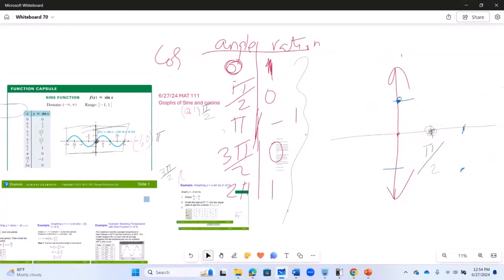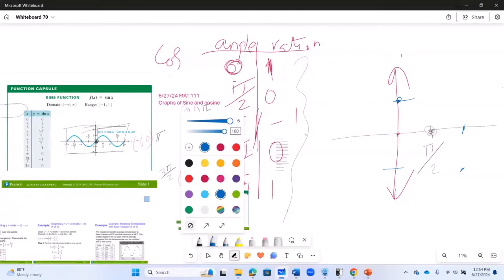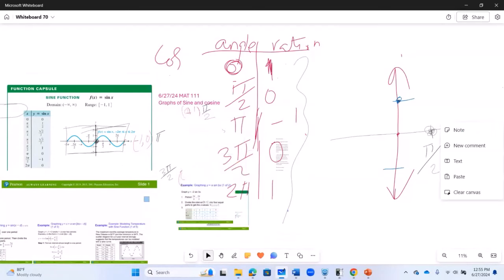I want you to remember that we are drawing only one cycle, not 2 cycles at a time, so I can look at it very well and find all the properties that I need to find. Cosine of 270 is 0, and cosine of 360 is right up here.